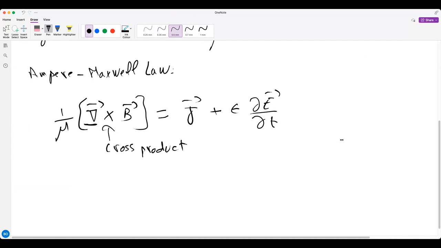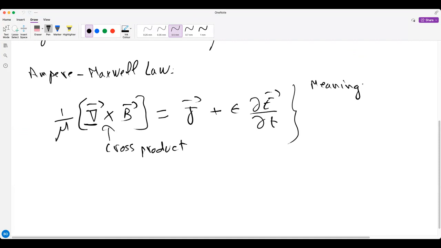Okay. So can anyone tell me the meaning of this Ampere-Maxwell law?